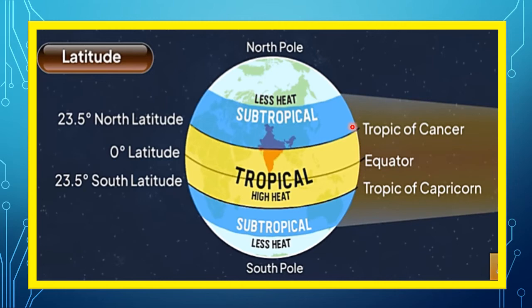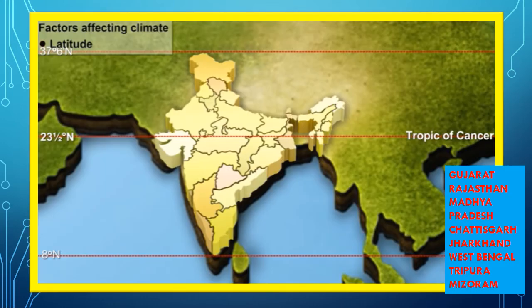Now let us have a look at where India lies. Children, you can see the latitudes crossing through India. It lies between 8 degrees north and 37 degrees 6 minutes north. You can see 23.5 degrees north, the Tropic of Cancer, almost crossing our country in the middle and dividing it into two halves, isn't it?